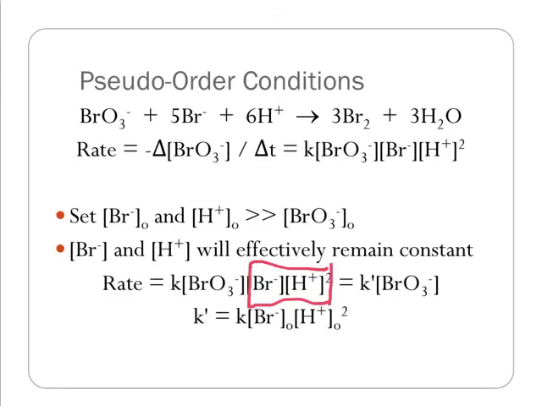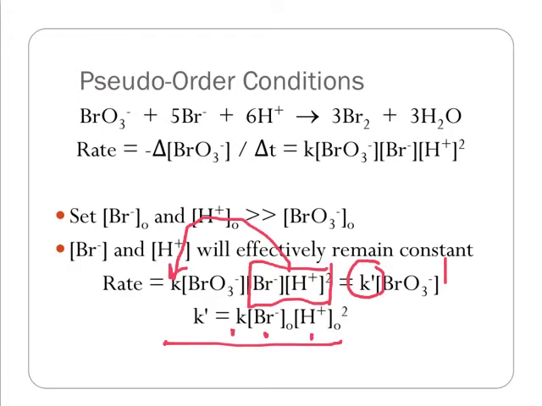So I can take these now effectively constant concentrations and tie them up with the original rate constant K to get a new rate constant I call K prime. And buried inside of K prime is that original rate constant, the bromide concentration, which is now going to behave like a constant, and the H plus that's going to behave like a constant. And as we see here, the reaction is still first order with respect to bromate.